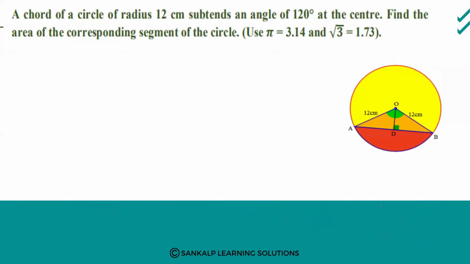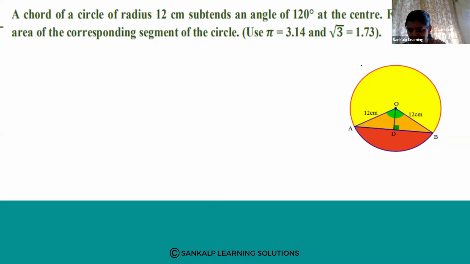A chord of a circle of radius 12 centimeters subtends an angle of 120 degree at the center. Find the area of the corresponding segment of the circle. Yes, my dear children, here they have given a chord of a circle of radius 12 centimeter subtends an angle of 120 degree at the center.